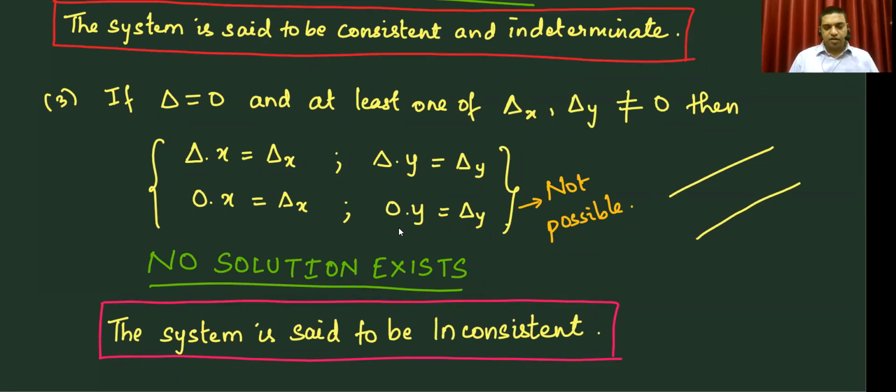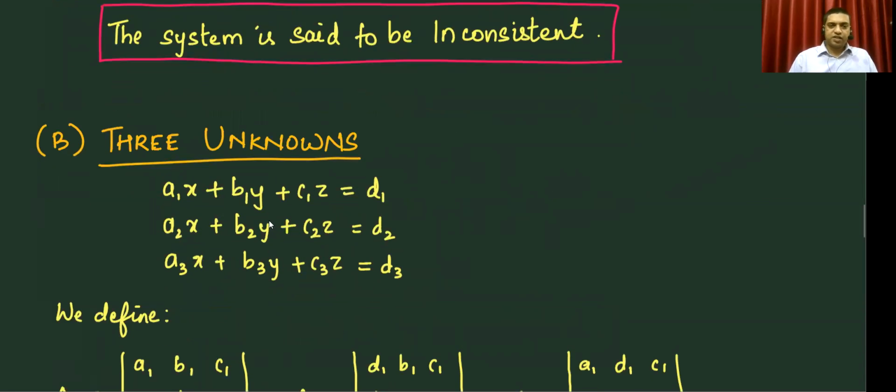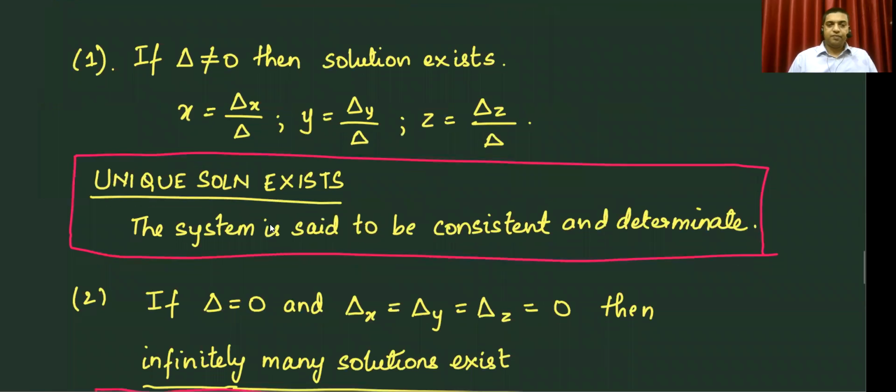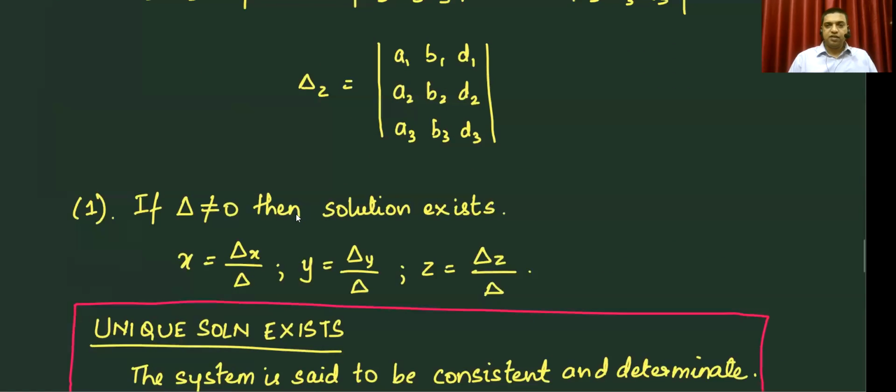Similarly, for the 3 unknowns case, we talk about planes. The first case, when there is a unique solution, is like 3 planes having a single point in common. 3 different planes intersect at a single point.